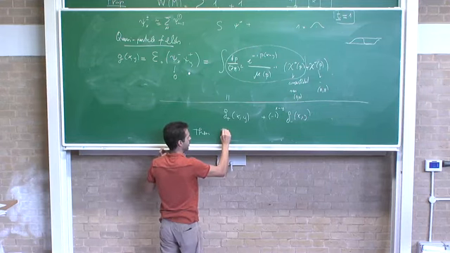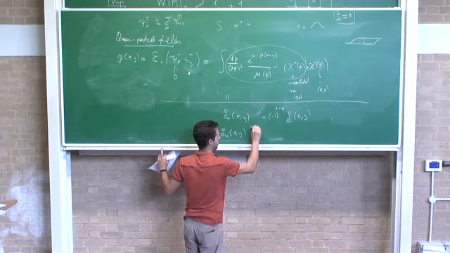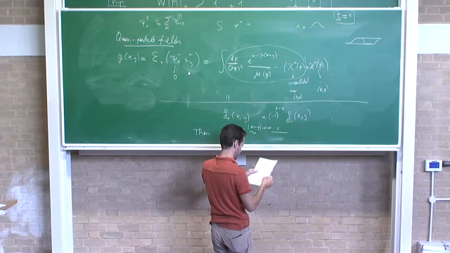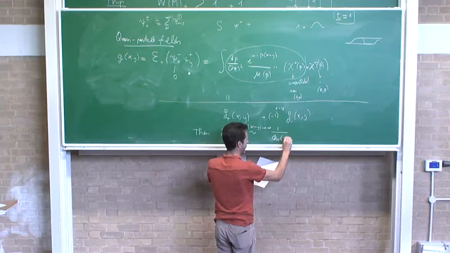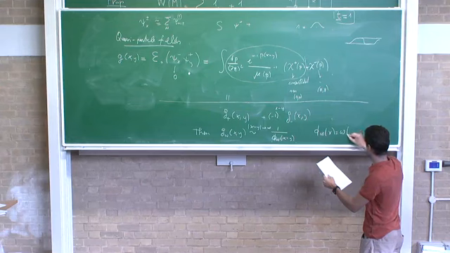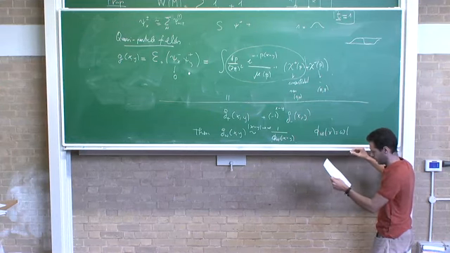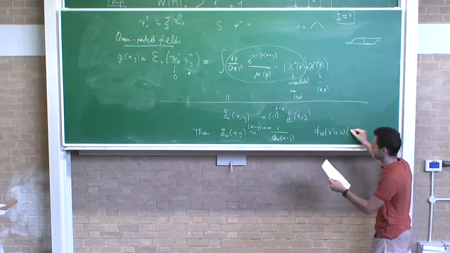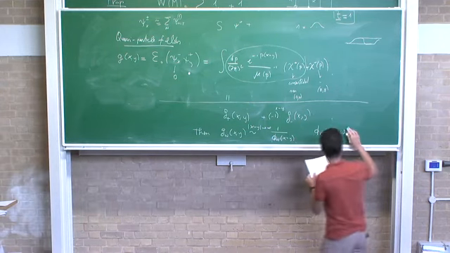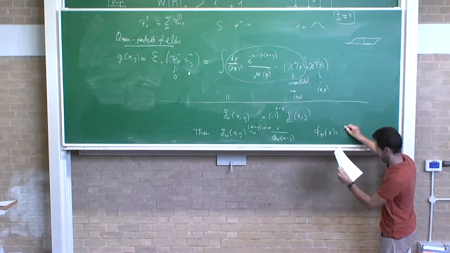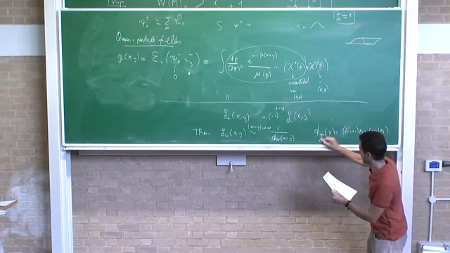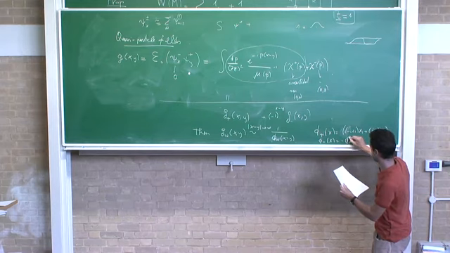Then g omega of xy behaves, for x minus y going to infinity, as 1 over phi omega of x minus y, and let me remind you that phi omega of x is omega times, phi plus is minus i plus 1 x1 plus i plus 1 x2, and phi minus is just minus phi plus complex conjugate.